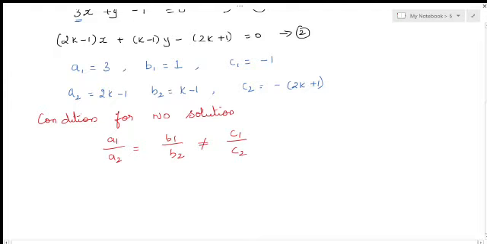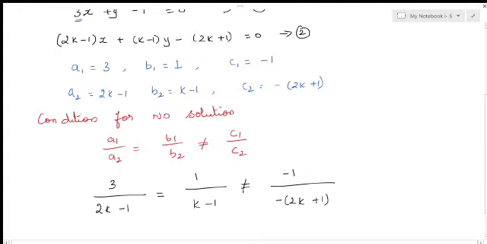This is the condition for no solution. So let us substitute the values. A1 is 3 divided by A2, 2k minus 1, which is equal to 1 divided by k minus 1, which is not equal to minus 1 divided by minus 2k plus 1.